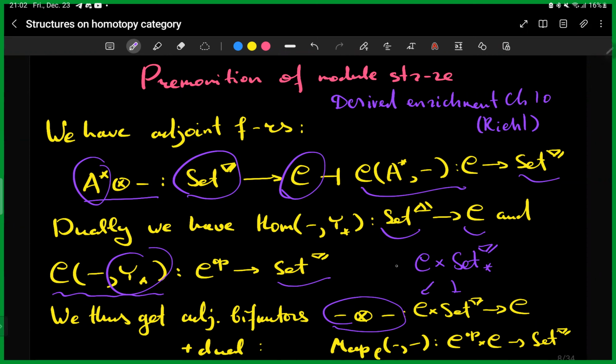So the smash product is the result of this construction for pointed simplicial sets and pointed model categories.